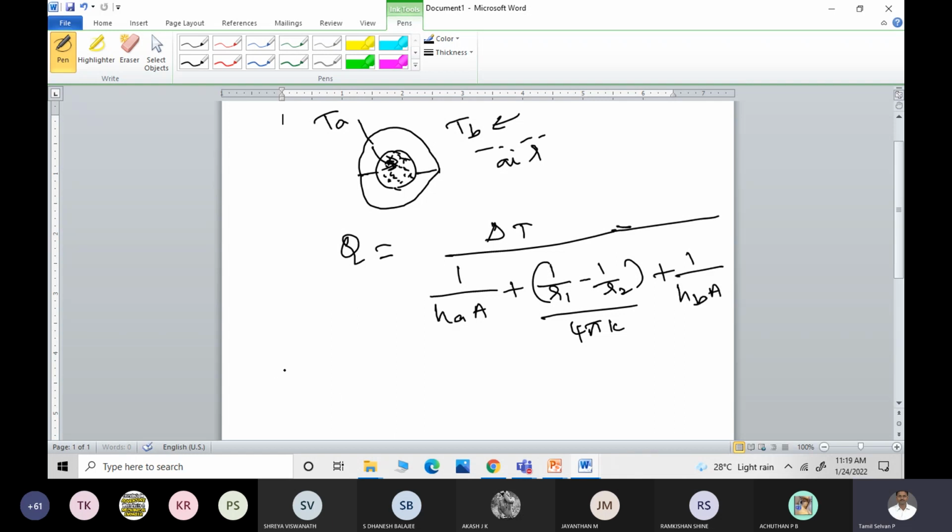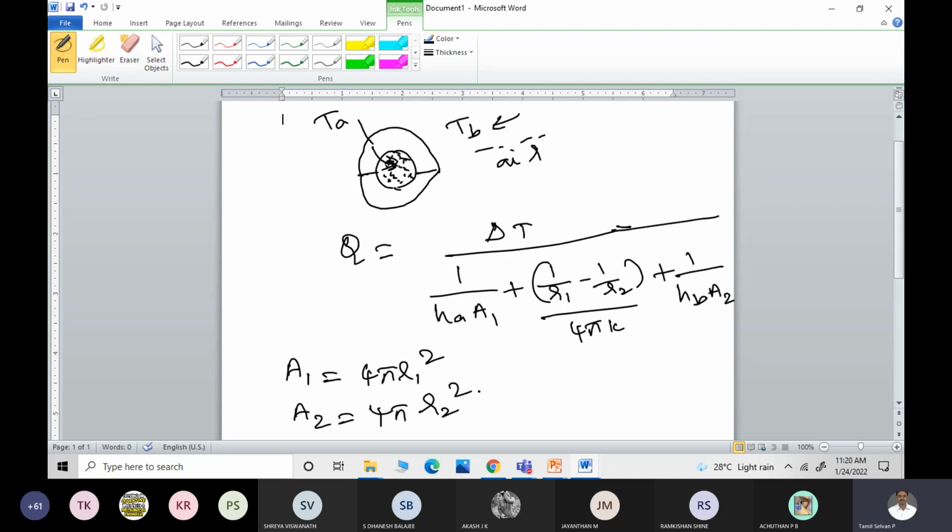Here the inner area is A1 and the outer area is A2. A1 equals 4 pi R1 square, the inner radius, and A2 is 4 pi R2 square. All of you are able to understand this, students? Yes, sir.